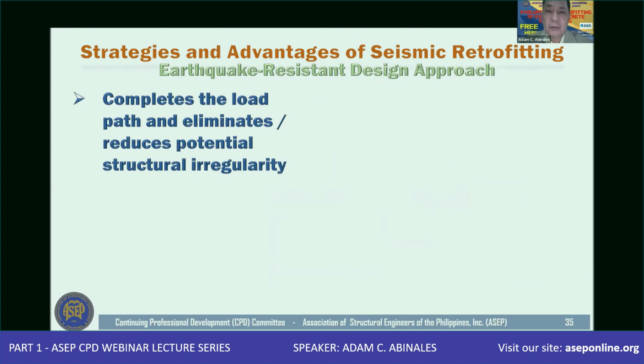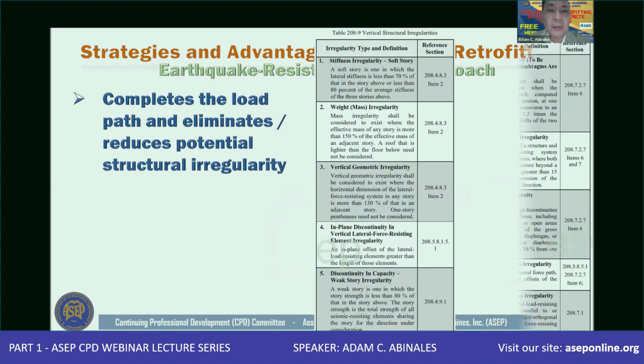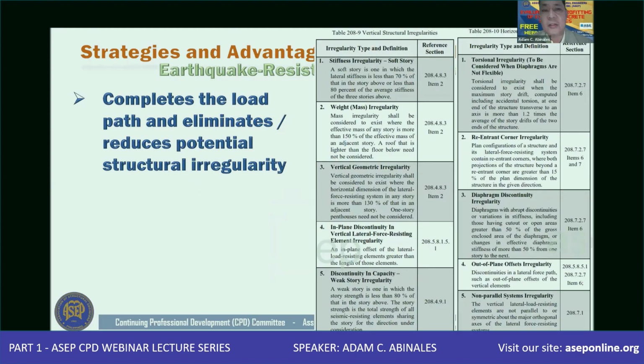Now, when we do retrofitting, what are the strategies? Actually, the advantages. Basically, it completes the load path. In some cases, if you find some issues about the load path, the load pattern of the lateral force resisting elements, then you will be able to eliminate or reduce the potential structural irregularity.